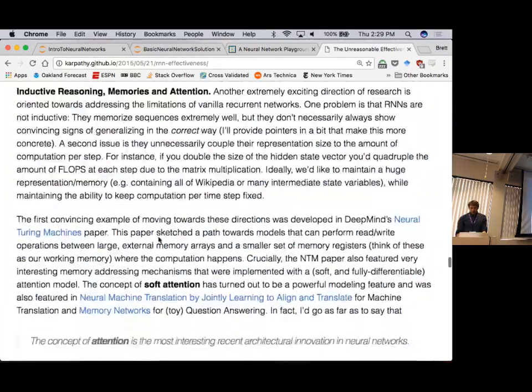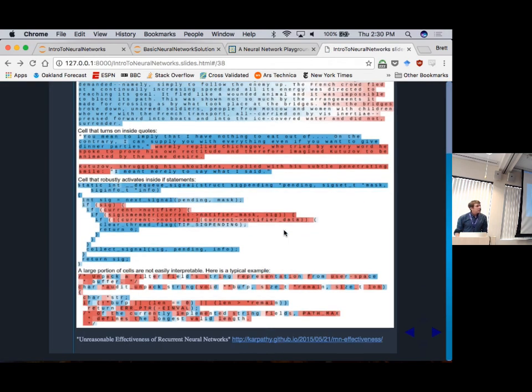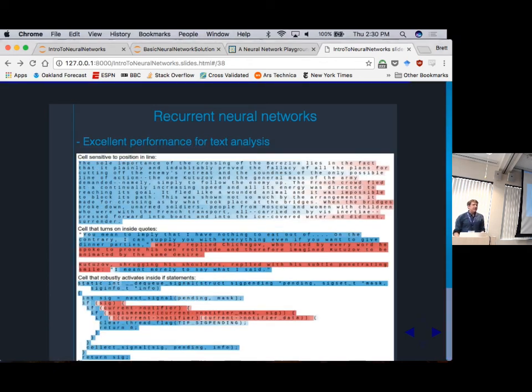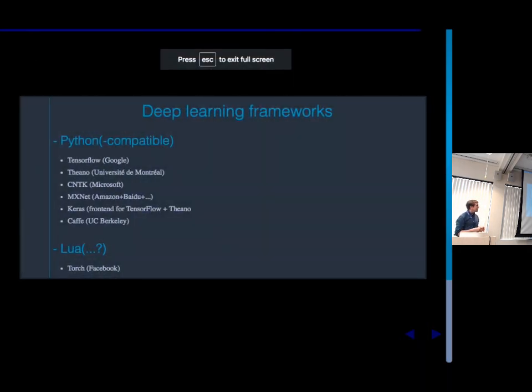Okay, so we're almost out of time, but that's okay because I'm almost out of slides. The only other thing I'm going to mention is I've alluded a lot to these frameworks that let you do deep learning stuff.